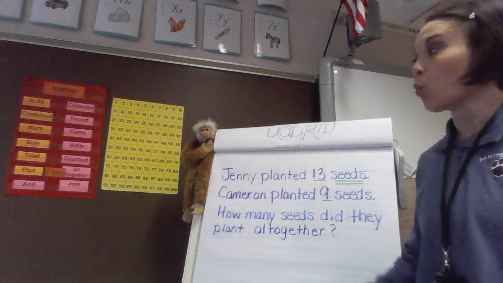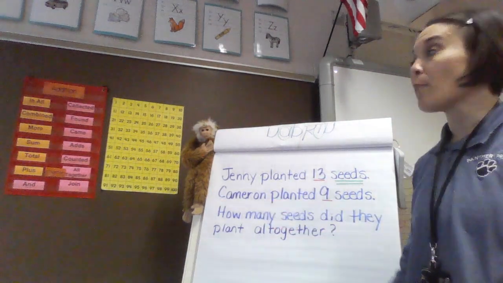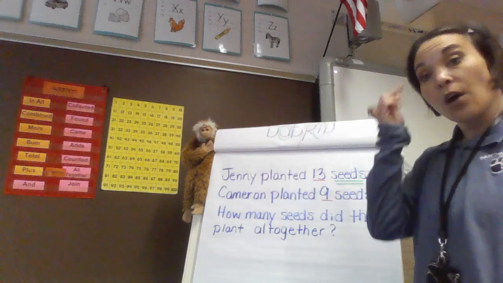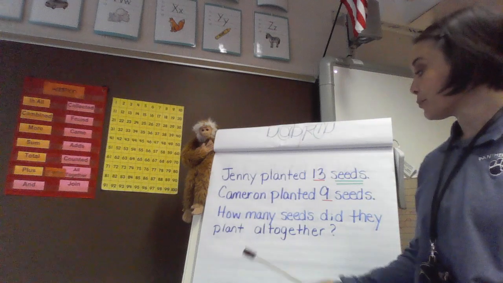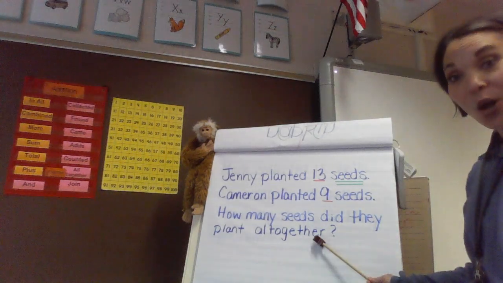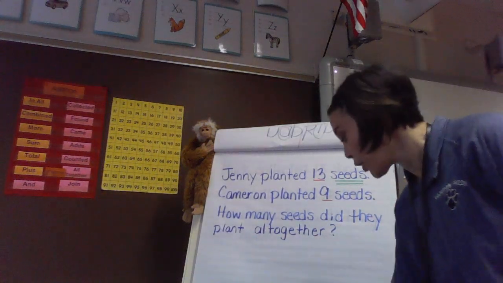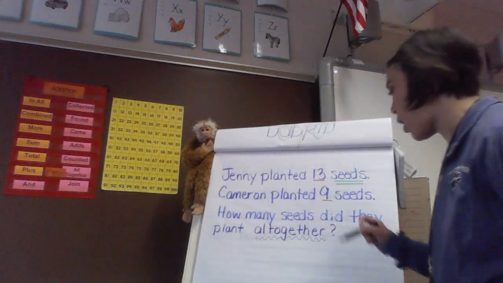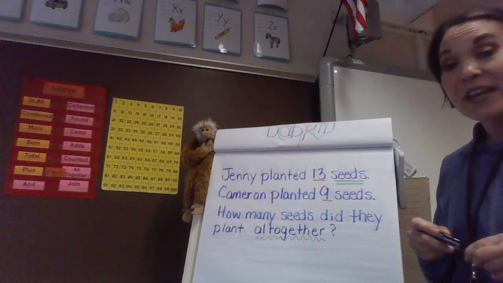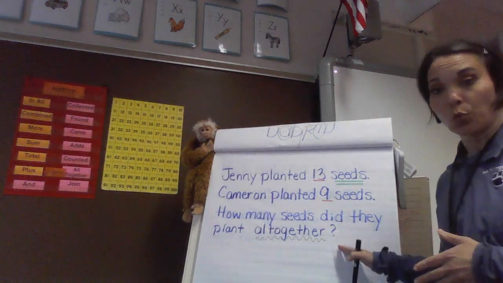So if you remembered what we were focusing on from my little word board for addition clue words, you would remember all together would be that clue word. So what I'm going to do, I'm going to take my black marker and I'm going to put a little squiggly mark under all together because that is our clue word.